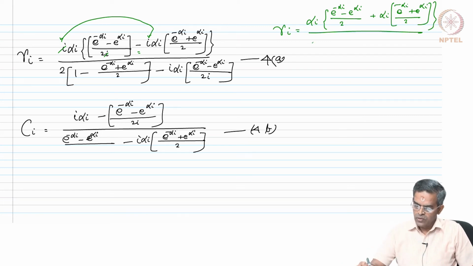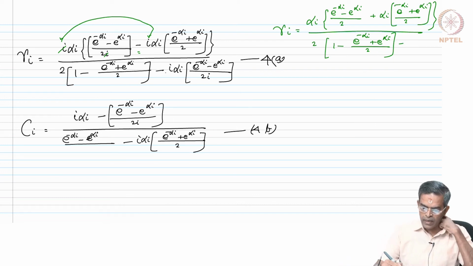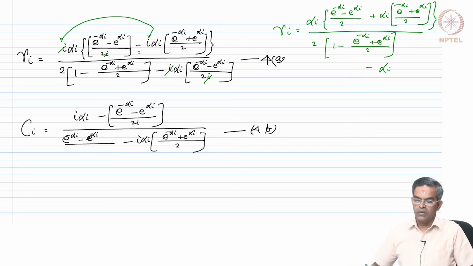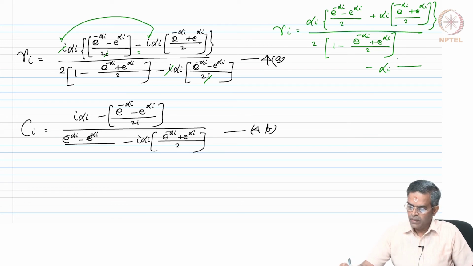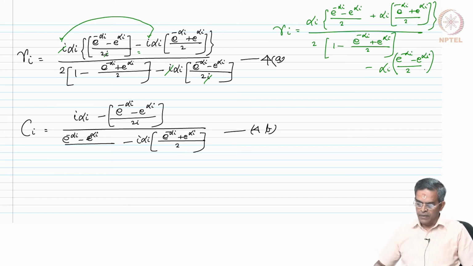Divided by 2 times of 1 minus E minus alpha I plus E alpha I by 2 minus. This I again goes away. So, I can straight away say alpha I times of, minus alpha I times of E minus alpha I minus alpha I by 2. Am I right? That is my Ri. Let us write down the function for Ci.